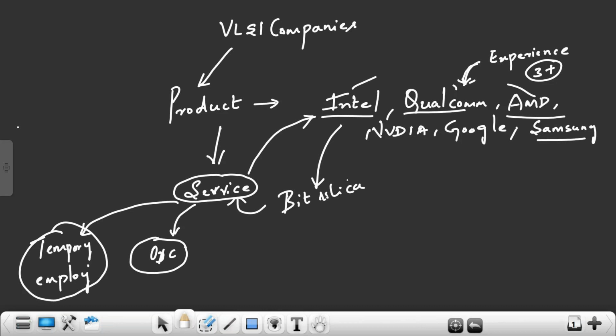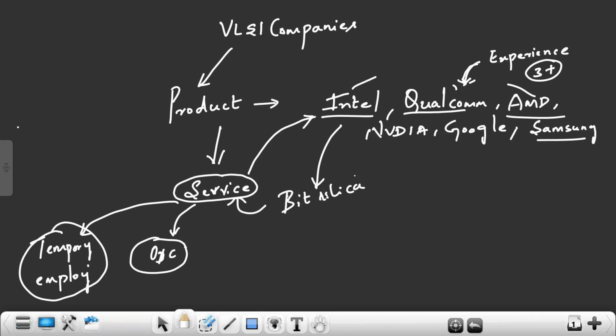Infrastructure means they should have a well-built office, and that office should be highly secured. Security is very important. Security means not only a human security guard. I'm talking about internet security, everything. There should be a secured protocol, internet protocol or server handling protocol.